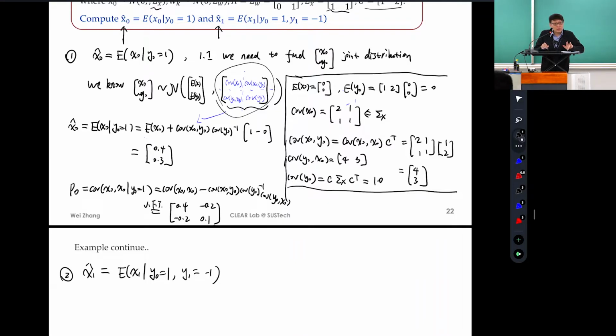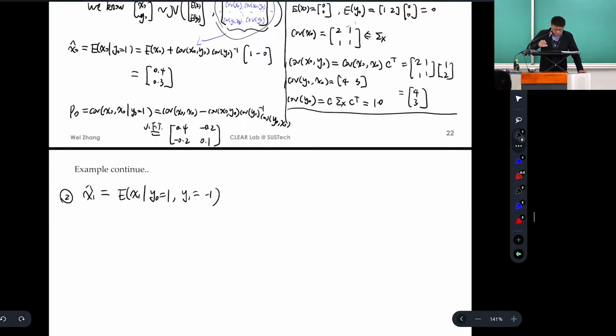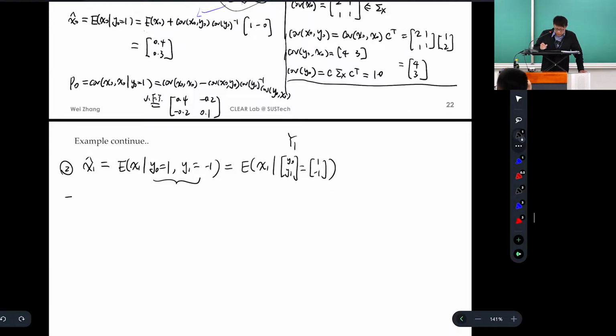Given these two measurements, your belief about x1 also changes, right? And that distribution should also be Gaussian. We can write this recursively, but I can also write it like this. They are the same, right? y0, y1, called capital Y1, equal to 1, negative 1. All right, so how do we compute this?